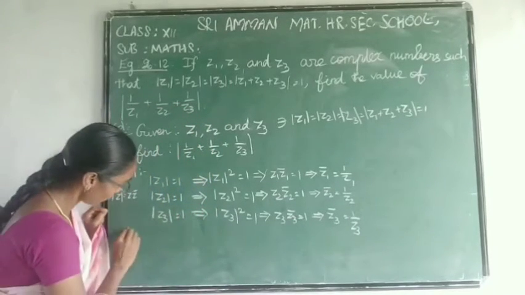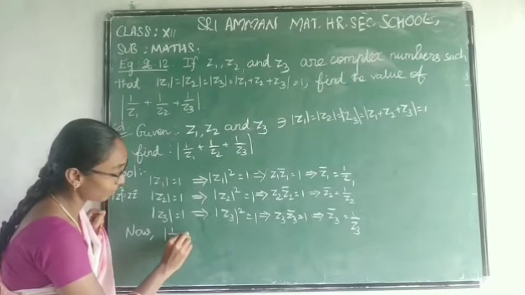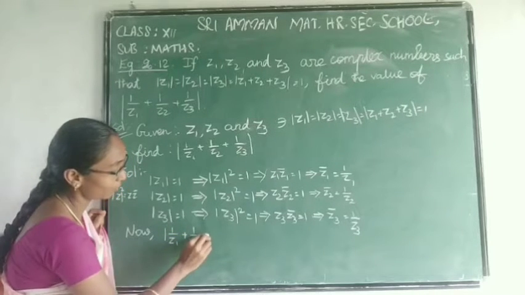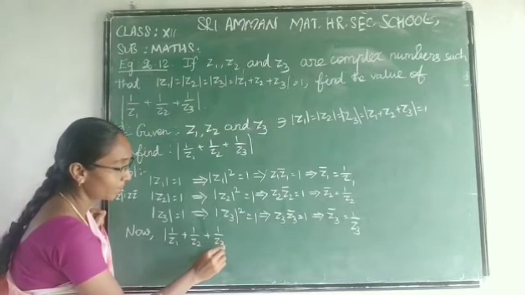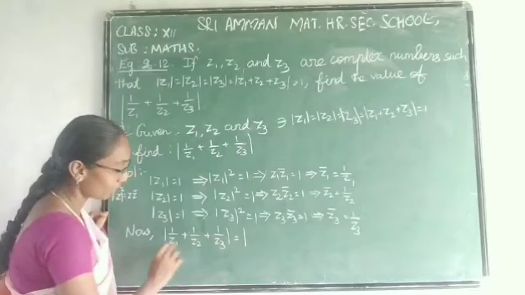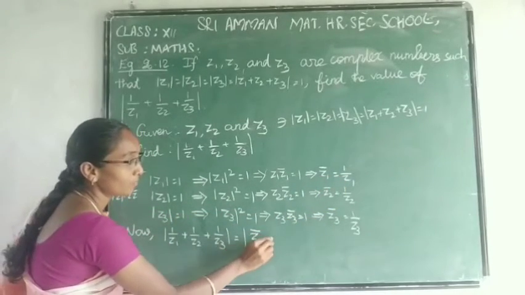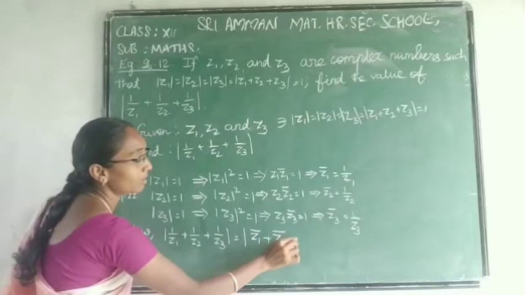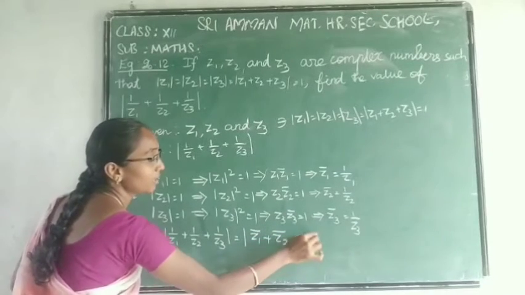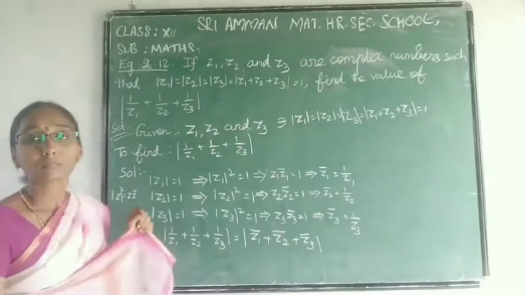Now, modulus of 1 by Z1 plus 1 by Z2 plus 1 by Z3 equals modulus of Z1 bar plus Z2 bar plus Z3 bar. Do you understand?